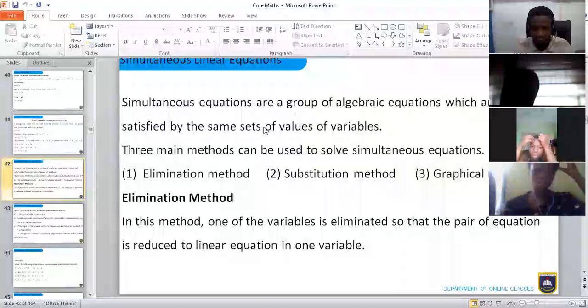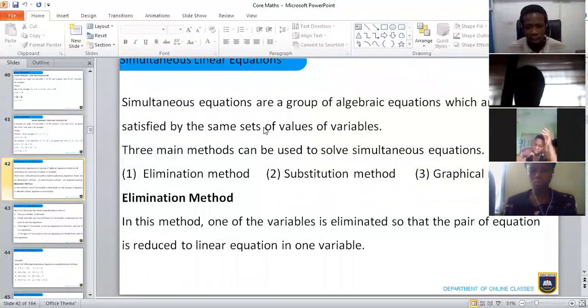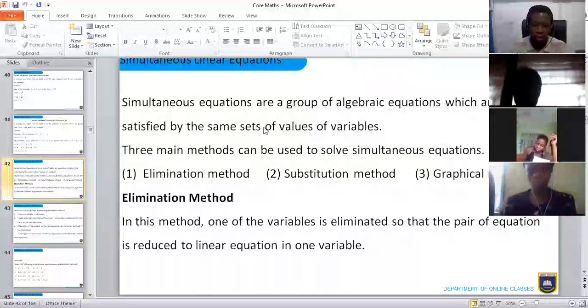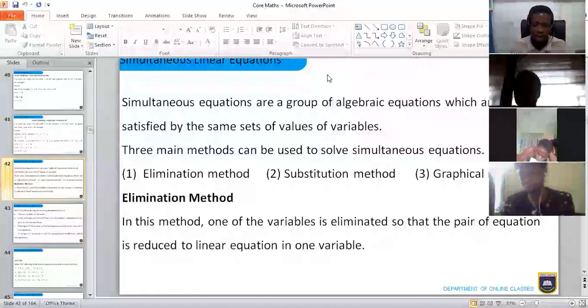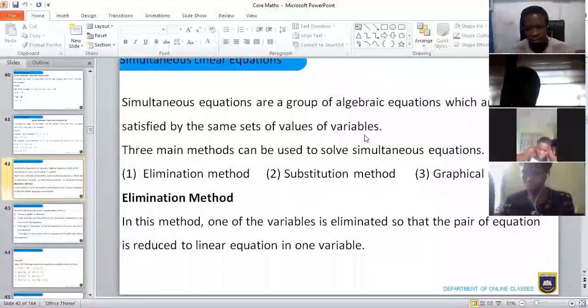Now we have some methods of solving simultaneous equations. In general, we can use four methods, but we are limited to only three. The other method is mainly used in elective or further mathematics.